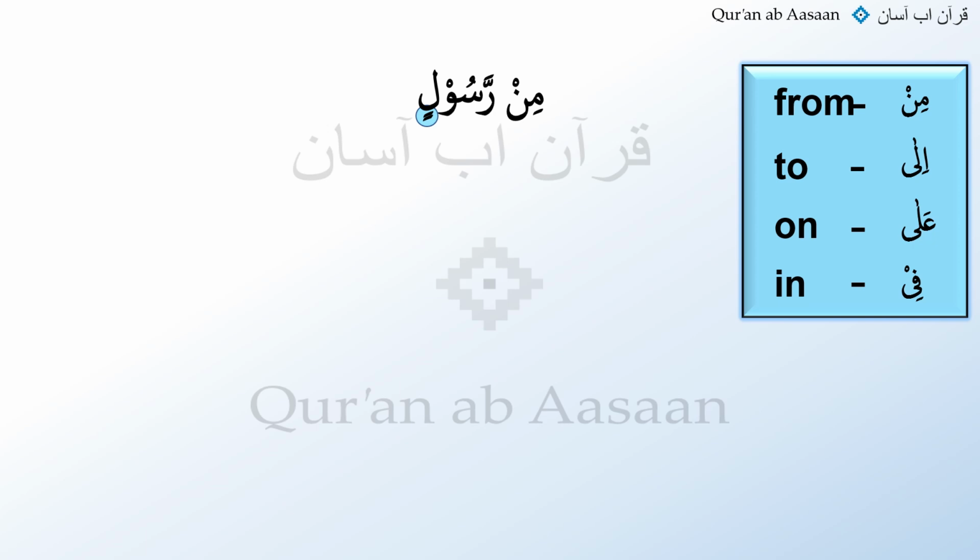So first thing we are going to do is color wherever applicable. In this case we have colored the tanween blue, and then we dissect it at min. Starting the analysis, we say min harfe jar.